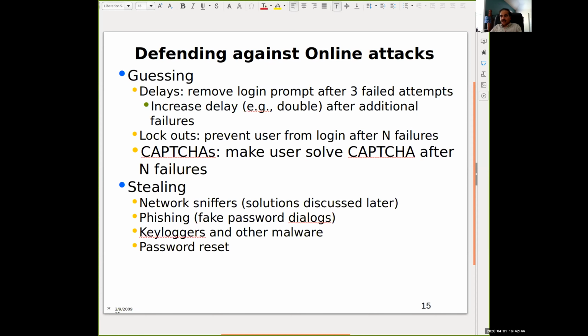So one way to steal it is, if the passwords are transmitted over a network, and if they are transmitted in plain text, then the attacker can try to sniff on the network. They can, of course, try to look over your shoulder as you type the password.